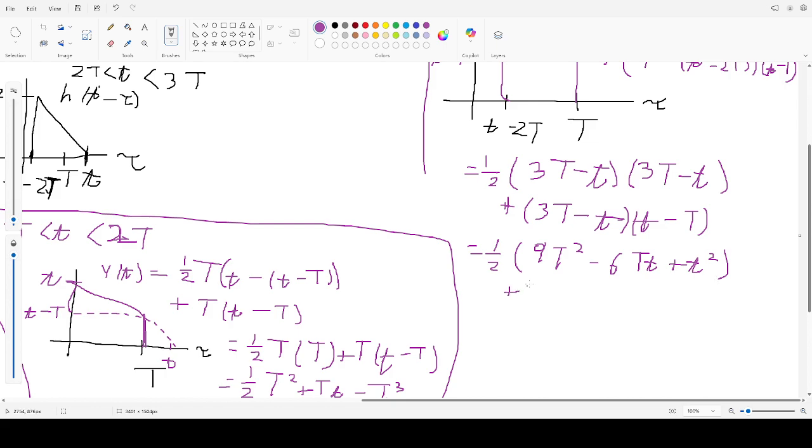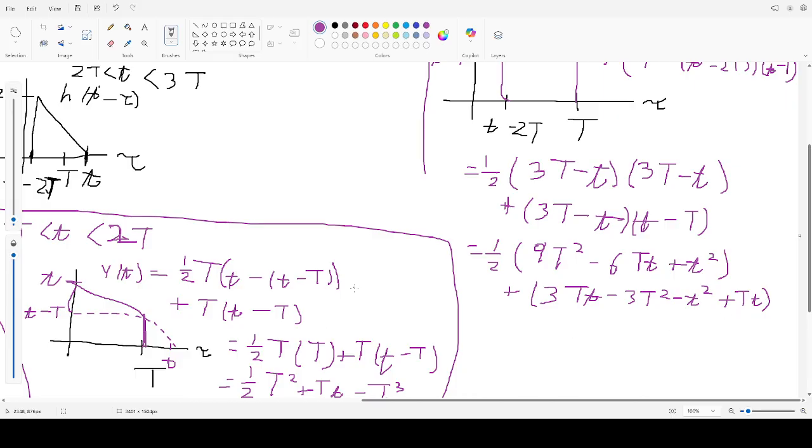And then we FOIL the below one, which gives us 3 big T little t minus 3 big T squared minus little t squared plus big T little t.